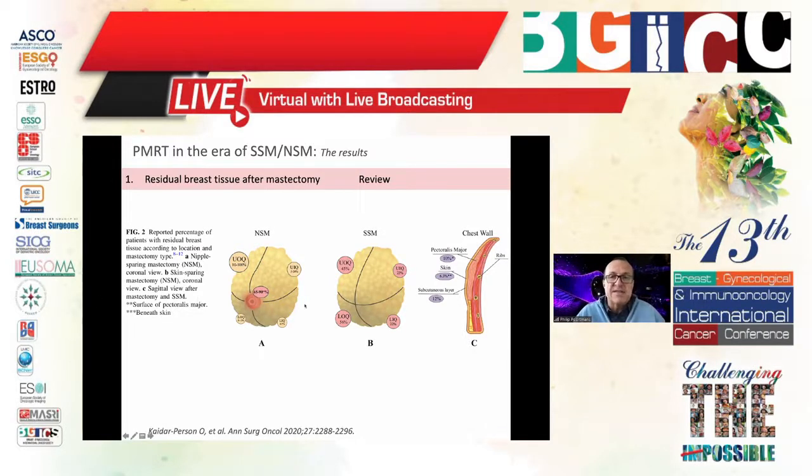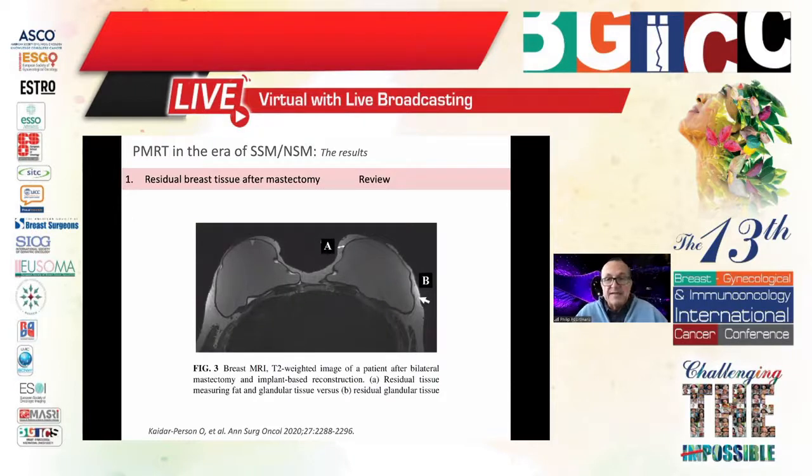In the patients that have a risk reducing, also called prophylactic mastectomy, in those cases, they of course cannot have already cancer cells in the draining lymphatics, but they have residual glandular breast tissue in which they can develop breast cancer. So nice examples. Here, for example, on the MRI, you see residual breast tissue in here as well.